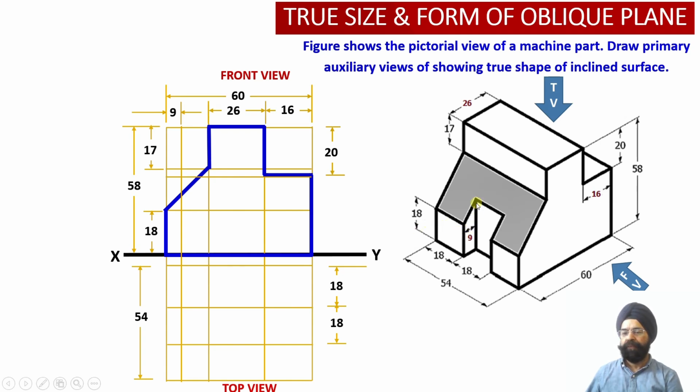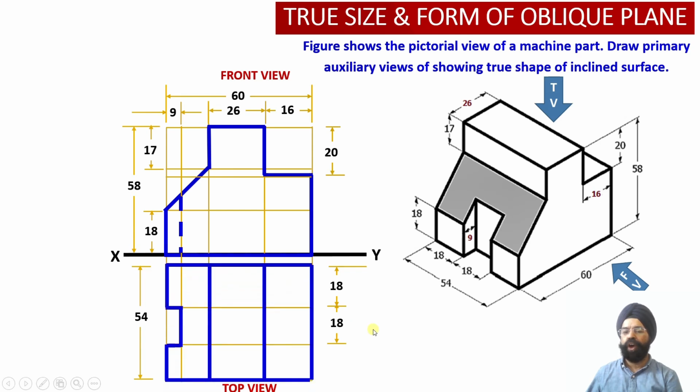That is a vertical edge over here which will be dotted, since it is not visible to the observer from the front end side. At a depth of 9 millimeter from the front face, we have to draw a rectangular slot over here. Corresponding to this slot, we have a dotted line.